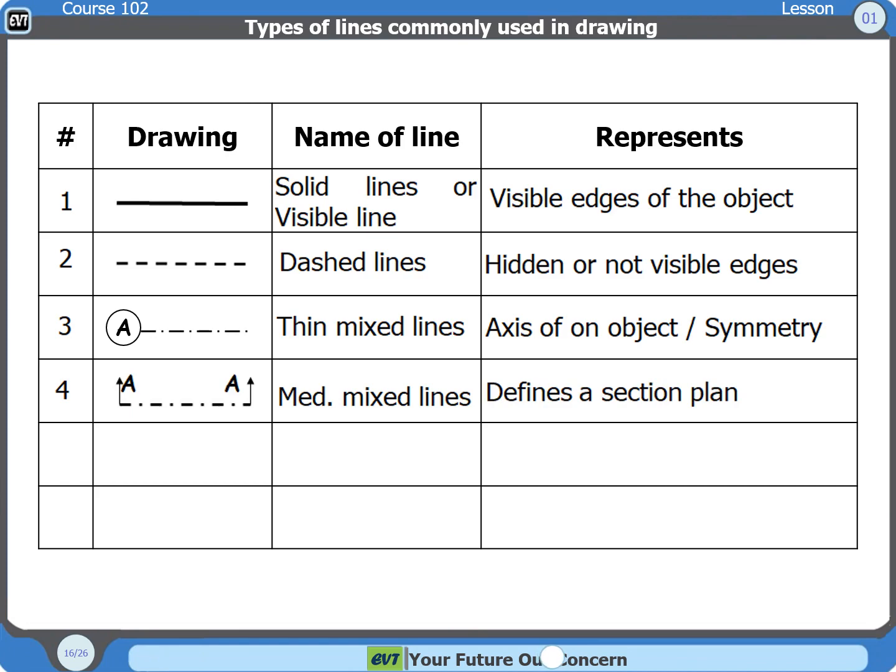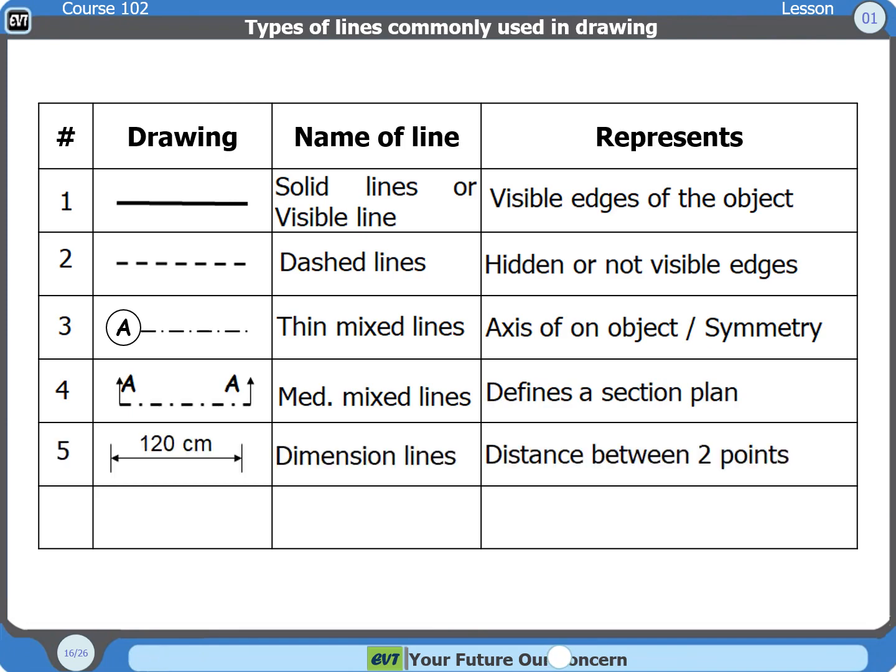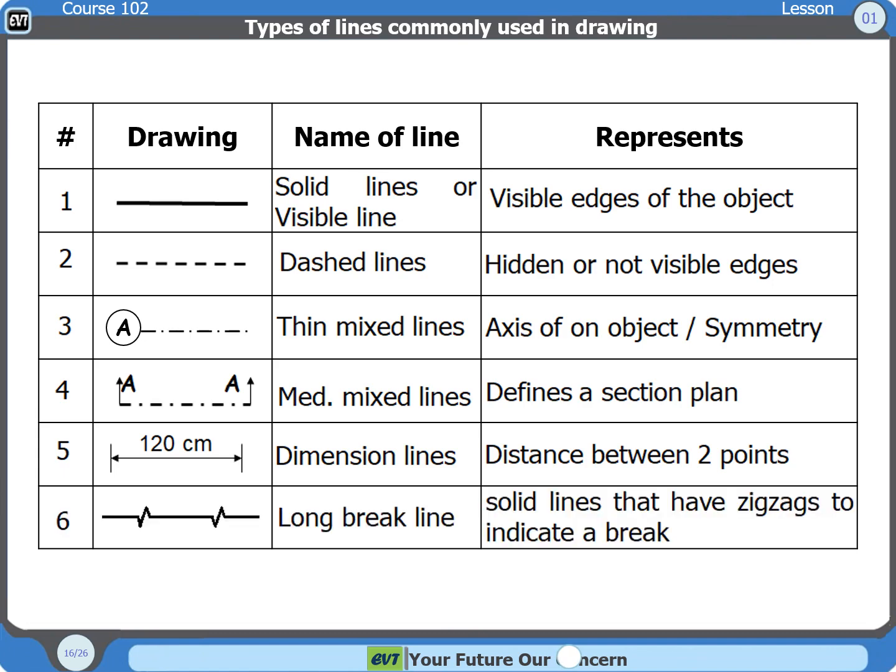Next we have the section plan line. It is a very thick line. It defines a section plan. Next we have the dimension line, which represents the distance between 2 points. Next we have the long break line.